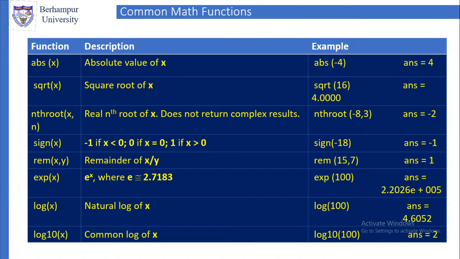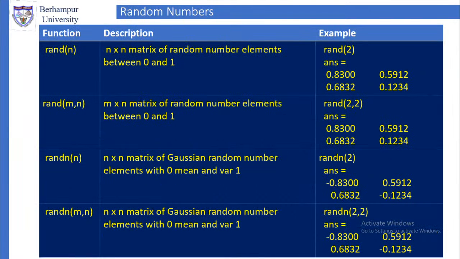Then let us look at the random numbers that we can use in MATLAB. Sometimes in MATLAB, when you are writing programs, you will be required to use random numbers. Let me give you some examples.